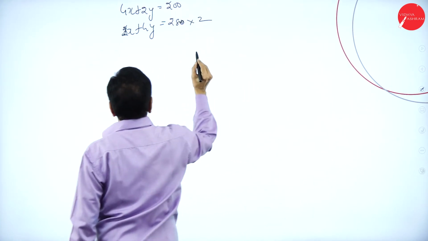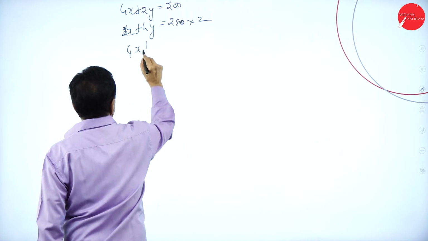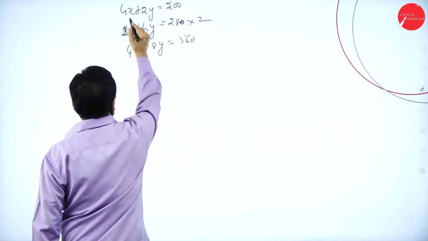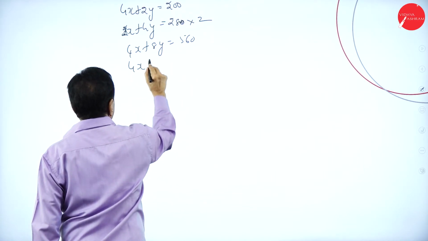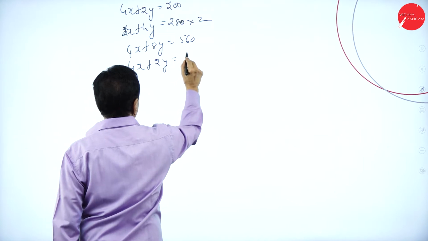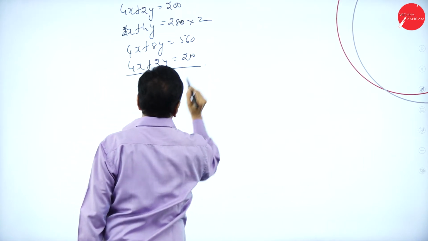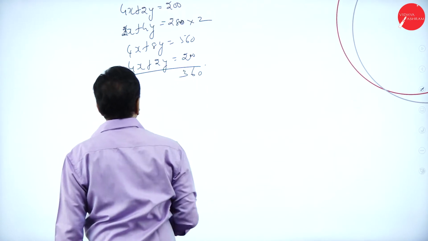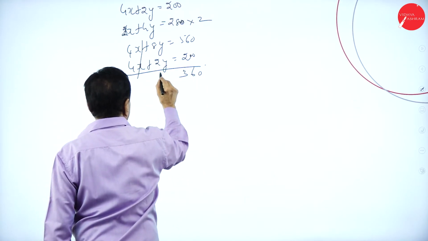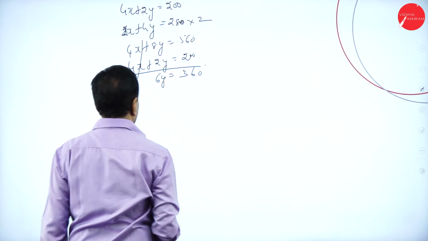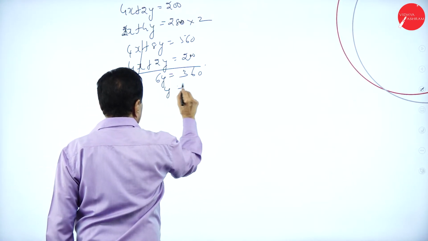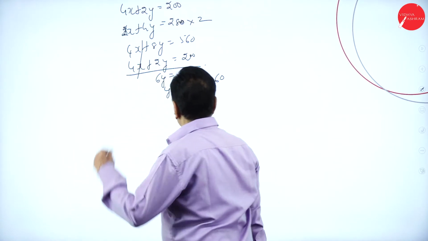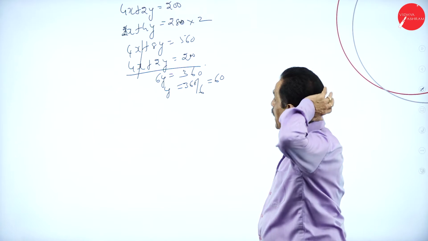This is 4x plus 8y, 560. You write as it is 4x plus 2y is equal to 200. The 4x cancelled out. 6y, y is equal to 360 divided by 6, 60. So it should be tallied to 60 on the y-axis.